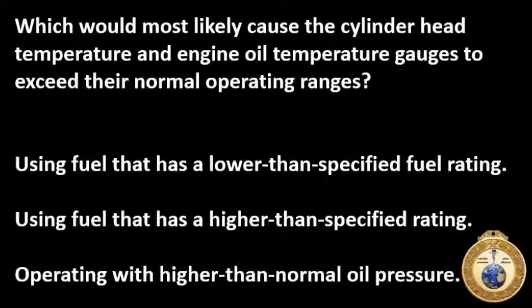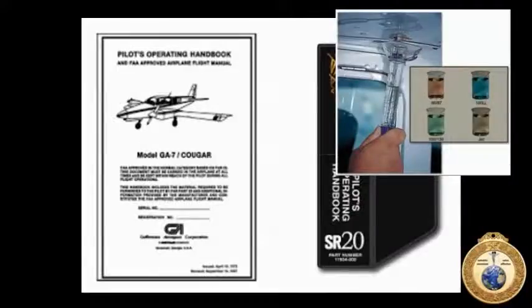And before I even go there, there's another thing. When we go to our POH, or Pilot's Operating Handbook, it will tell us what to do in the event that our particular fuel can't be found. Basically, what we would do is go to the next higher octane.